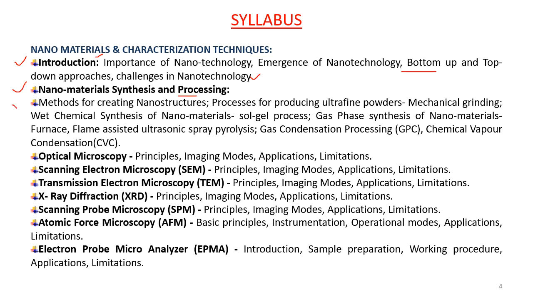So we will be understanding which are the methods of creating nanostructures, right from using the mechanical process, that is ultra fine powdering using mechanical grinding, then coming across the wet chemical synthesis of nanomaterials by using sol gel process, gas phase synthesis, flame assisted ultrasonic spray pyrolysis, the gas condensation process, and the chemical vapor condensation or deposition process.